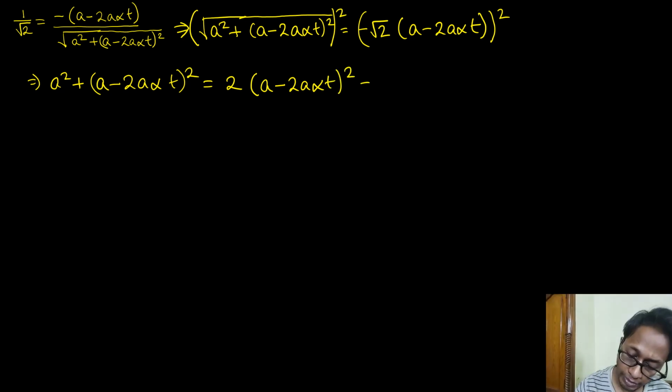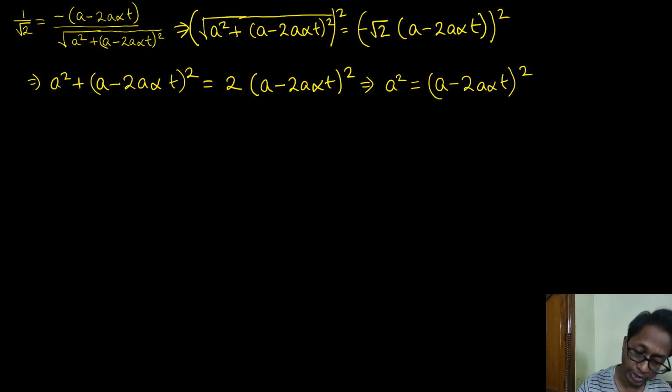Okay, so if I solve this one, I get an equation such as 2. See, if I send this entire term to the right hand side, what do I get? 2 times this parameter minus this parameter. So I get a square is equal to (a minus 2a alpha t) whole square.